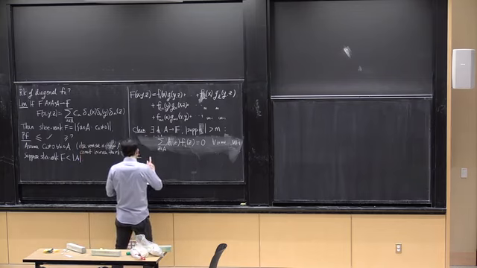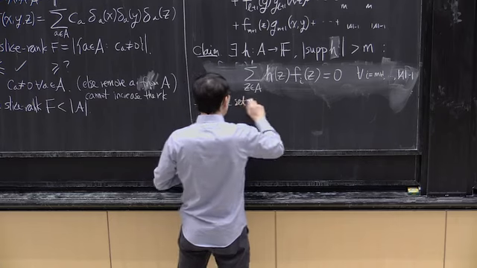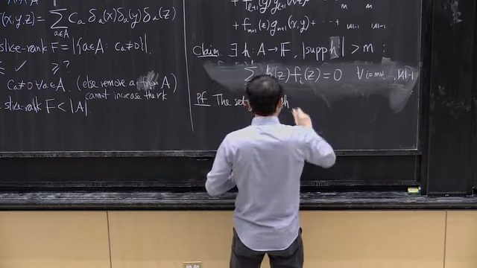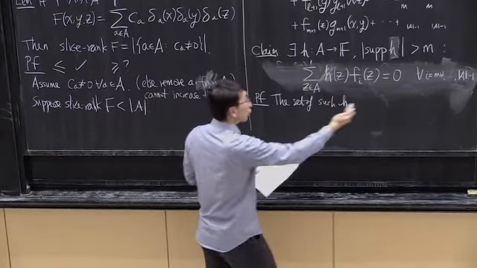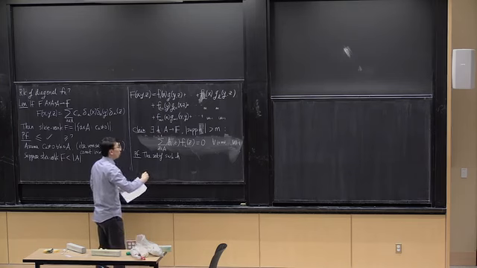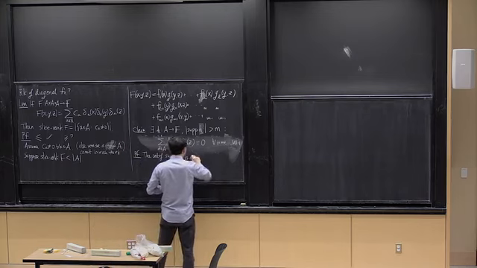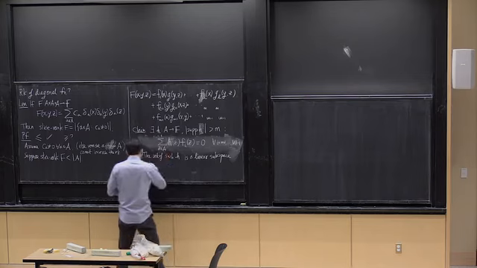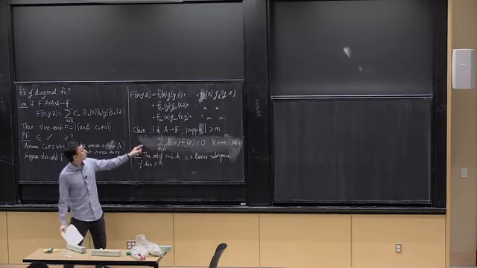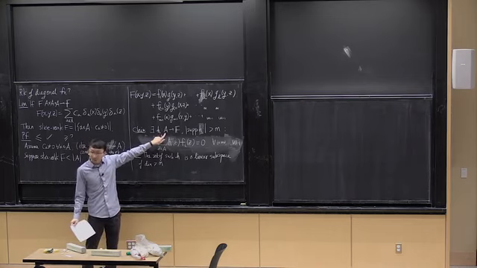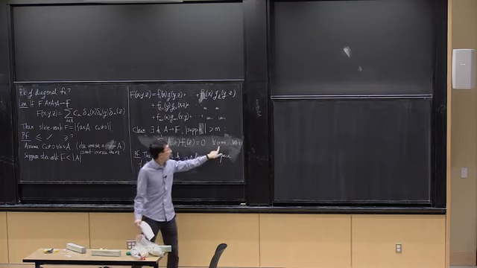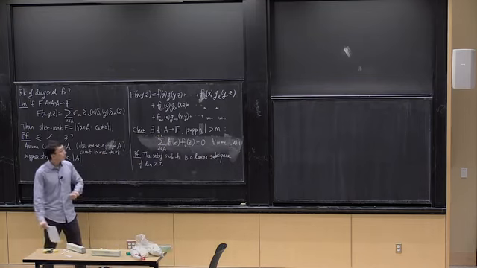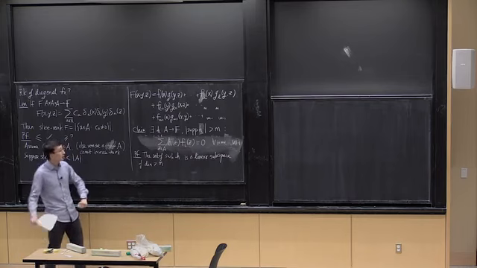And so the set of such h satisfying all of these constraints: each one of them could cut you down by one dimension, but the set of such h is a linear subspace of dimension bigger than m, because I have |A| dimensions and I have this many constraints. So there are lots of possibilities.